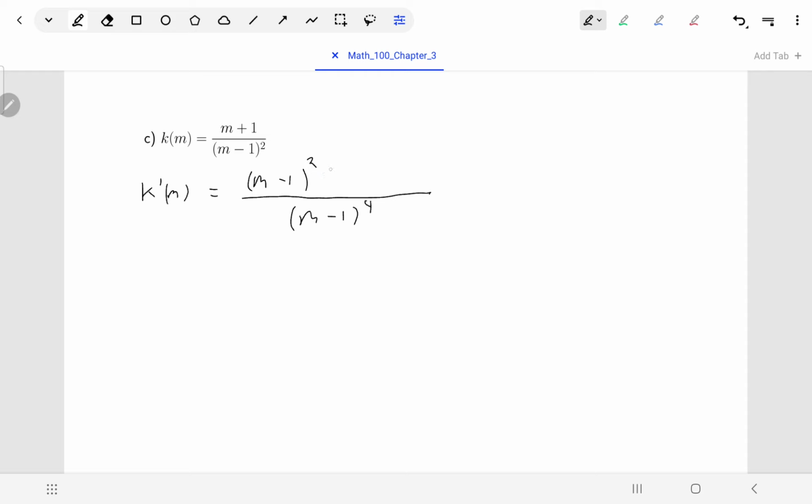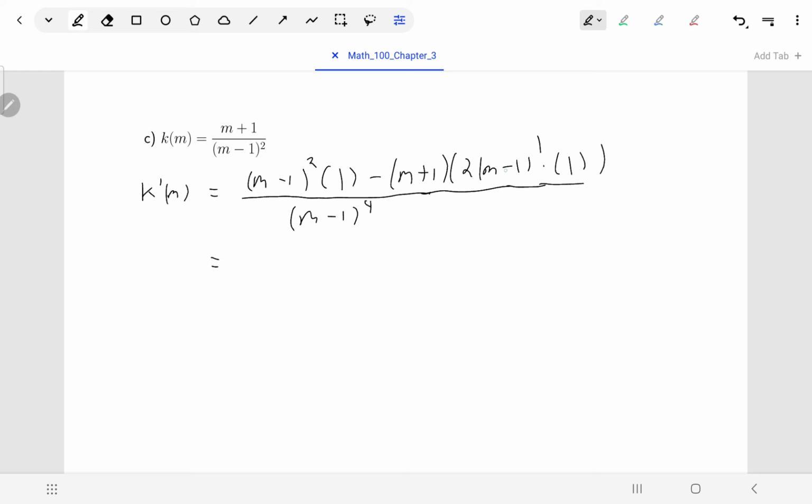The bottom comes up, derivative of the top minus the top as it is times the derivative of the bottom. Derivative of m minus 1 squared is power comes down, power reduces by 1, derivative of the inside is just 1. And then a little bit of cleaning up to do here.